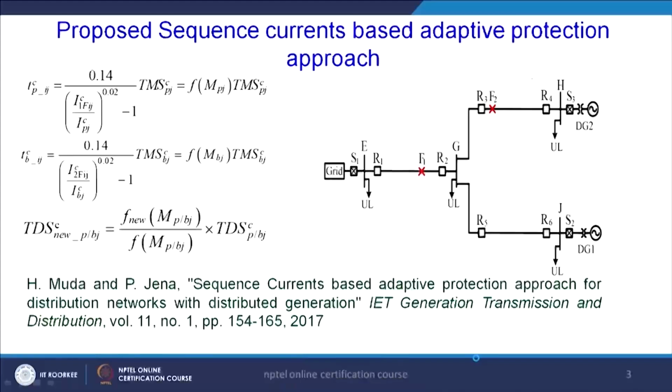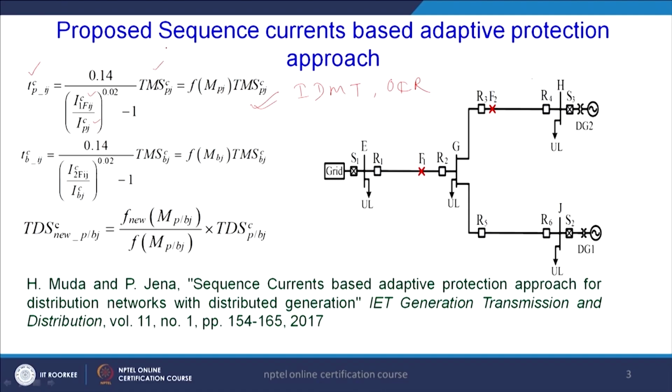For that we have proposed the first scheme, the adaptive protection scheme using sequence currents. In this scheme, this is the expression from the IDMT characteristic based overcurrent relay. This is the time of operation, and this is the PSM, the fault current to the pickup setting, times the TMS.